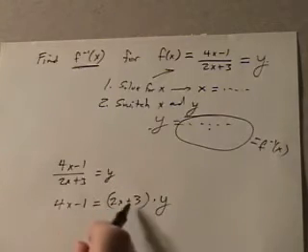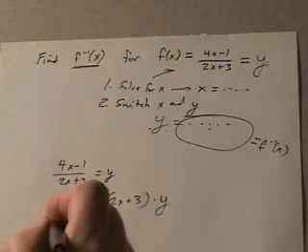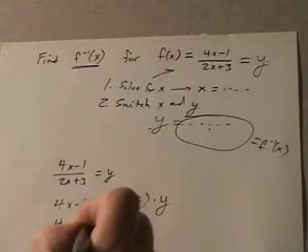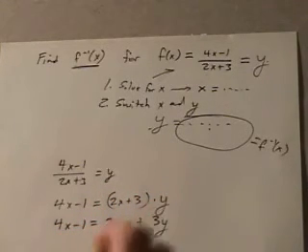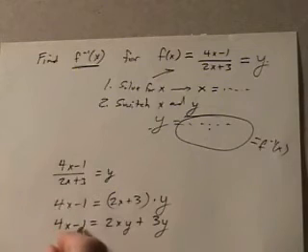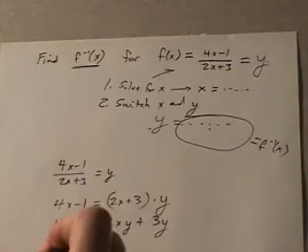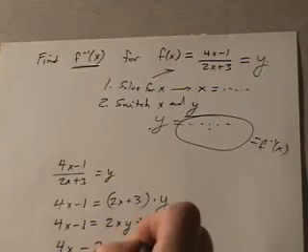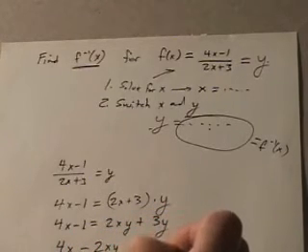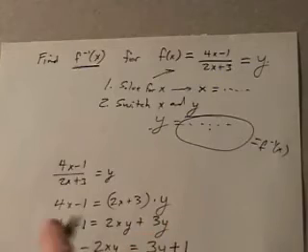I need to distribute the y. So I have 4x minus 1 equals 2xy plus 3y. Bring the 2xy to the left, bring the minus 1 to the right. So we're going to have 4x minus 2xy equals 3y plus 1. Minus 1 goes to the other side and becomes plus 1.